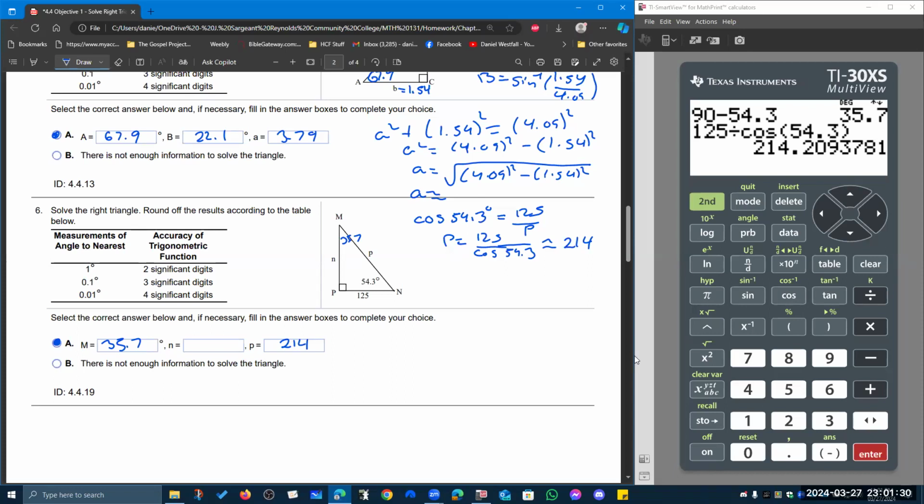And then let's find n by using the tangent function. Tangent of 54.3 is equal to n over 125. So n is exactly equal to 125 tangent of 54.3.